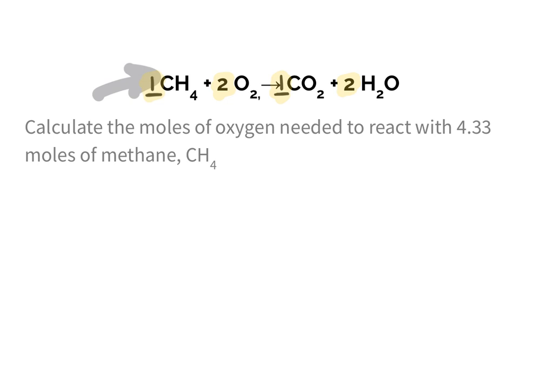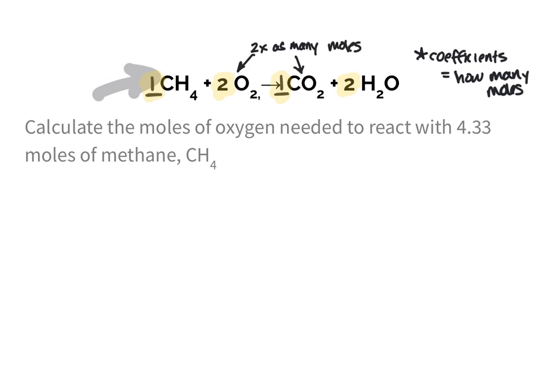So what these numbers mean is how many moles, so the coefficients are how many moles each thing reacts with each other. So if I'm looking at, let's say, the oxygen versus the carbon dioxide, I need 2 times as many moles of oxygen as to carbon dioxide.